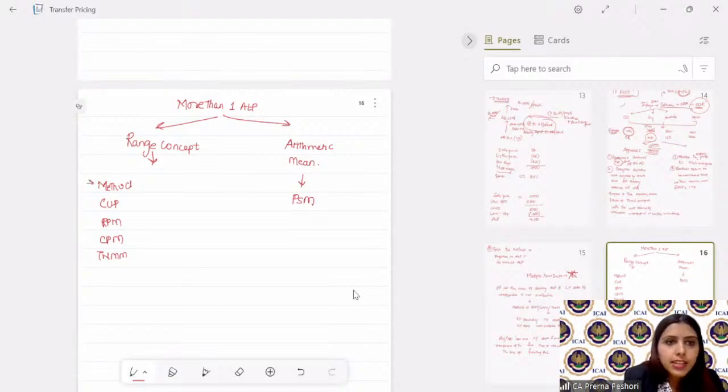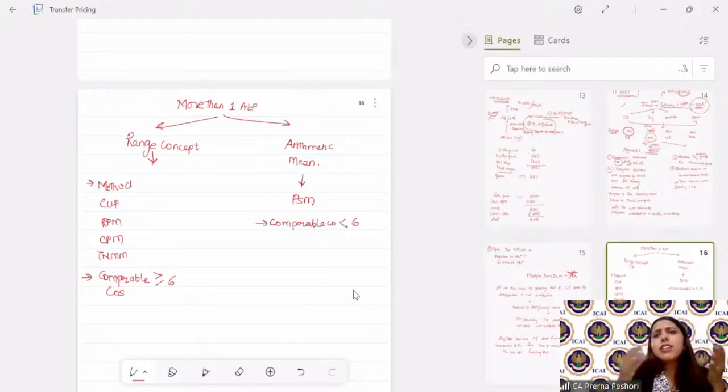Further, the second condition for the range concept is that comparables should be greater than or equal to 6. So there should be at least 6 comparable companies. If it is less than 6, I can go for arithmetic mean.